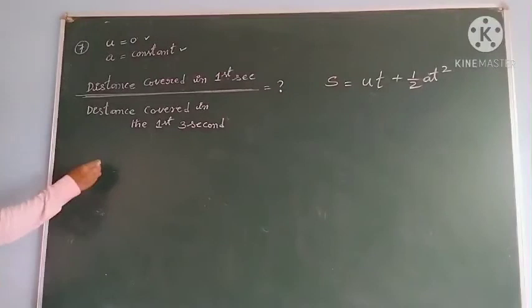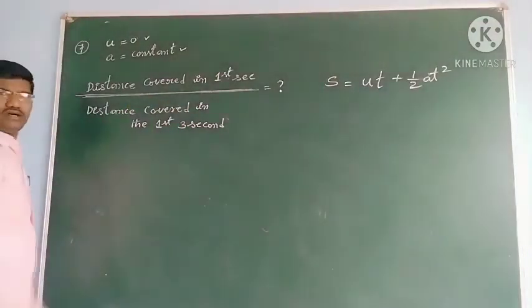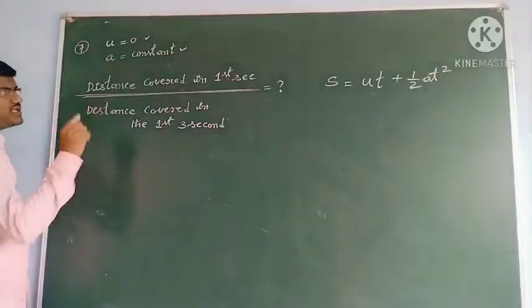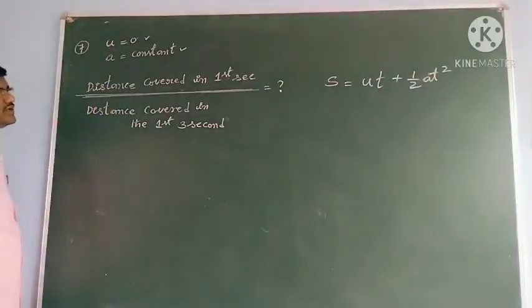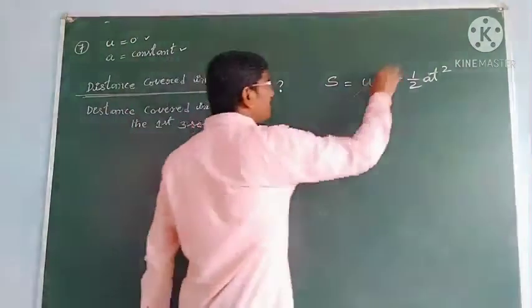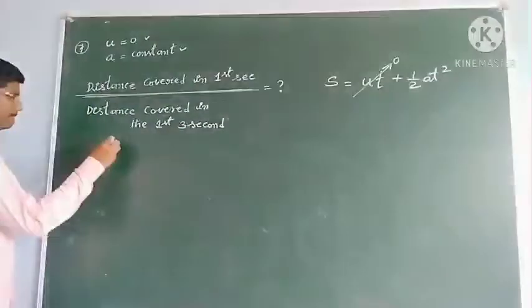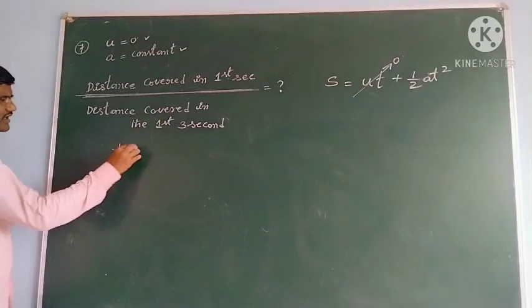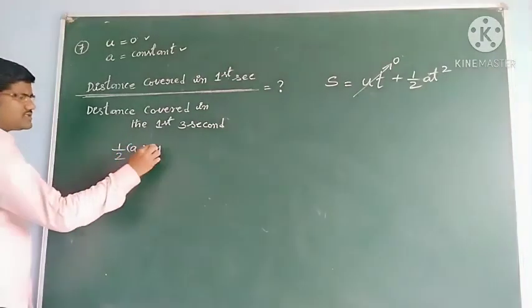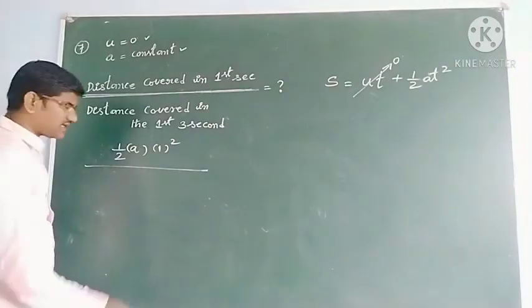Distance covered in the first second means t is equal to 1 here. With t equal to 1 and u equal to 0, the first term is 0, since it starts from rest. So it is half a into t square, that is 1 square. This is the distance covered in the first second.